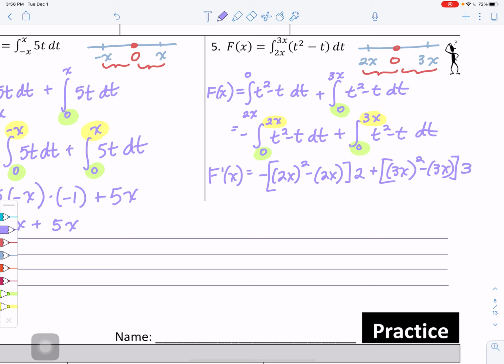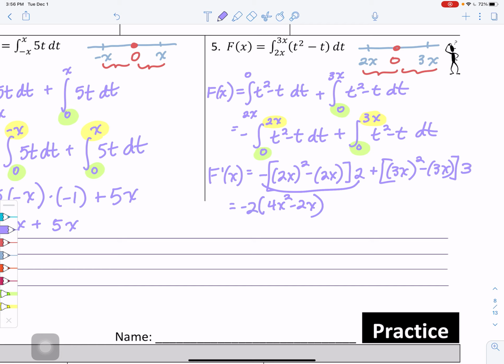Let's take our time so we don't make an error. I end up with the opposite of 4x squared minus 2x, all times 2. And why don't I put that 2 in the front? A negative 2.